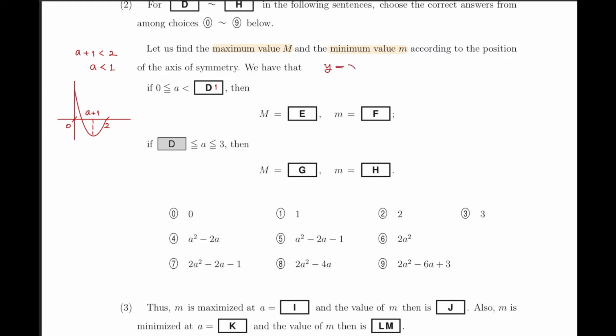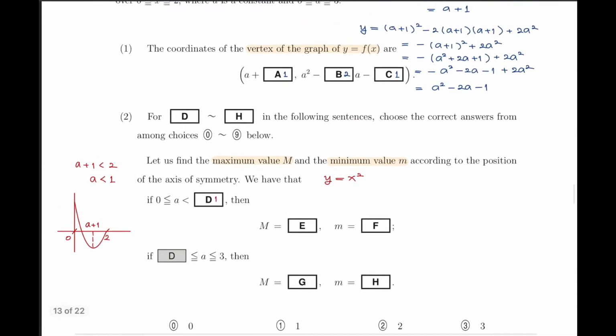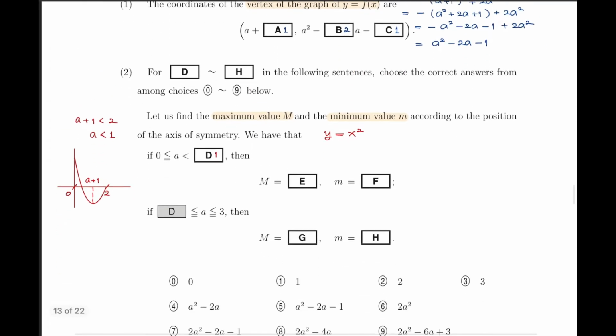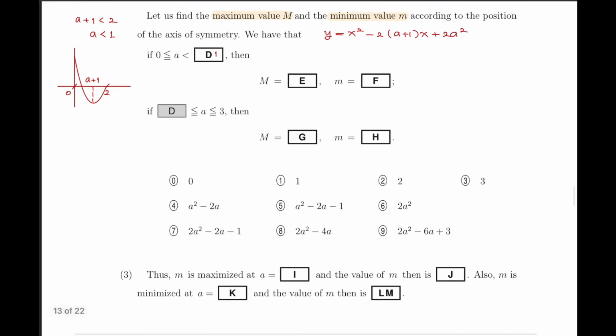The equation is Y equals X squared minus 2 open bracket A plus 1 X plus 2A squared. If I substitute X equals 0, I will get the maximum value, which is 0 minus 0 plus 2A squared. Therefore, the maximum value is 2A squared.